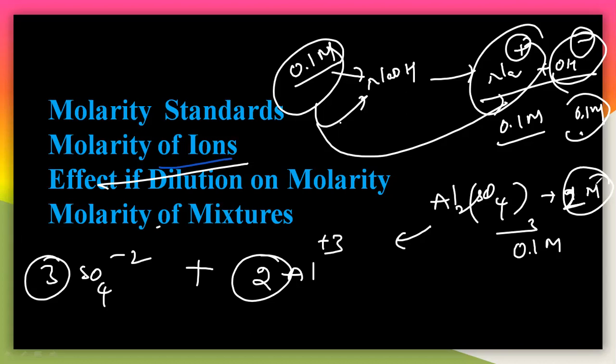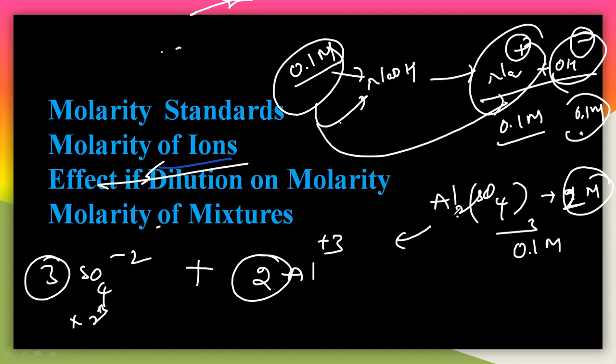Here even the ions are multiplied with 2. You should understand here that SO4 minus 2 is dissociating and you are getting 3 moles. See here, 3 into 2, 6. So here Al plus 3.